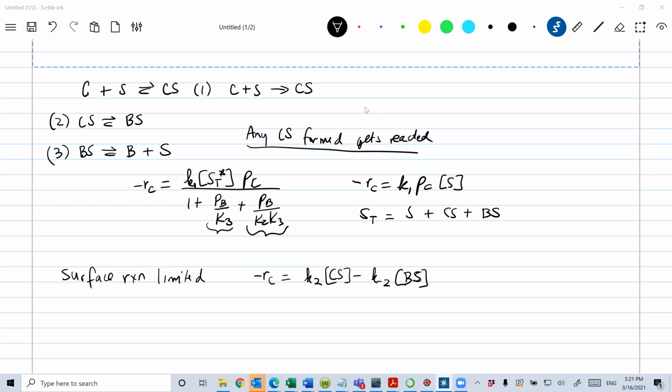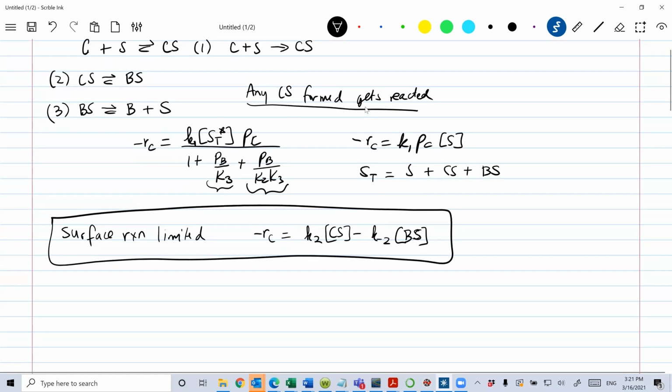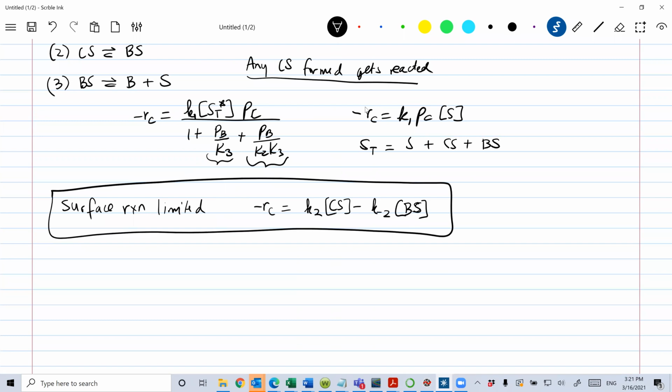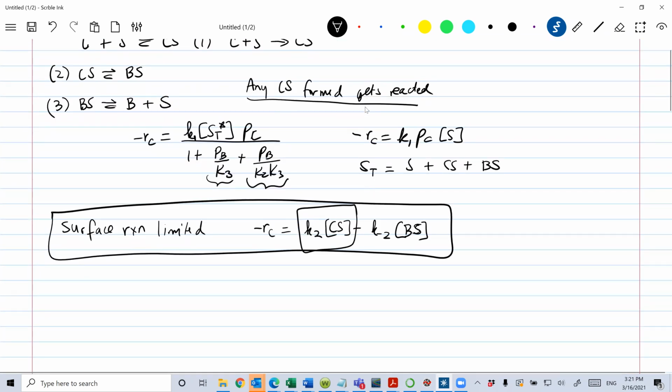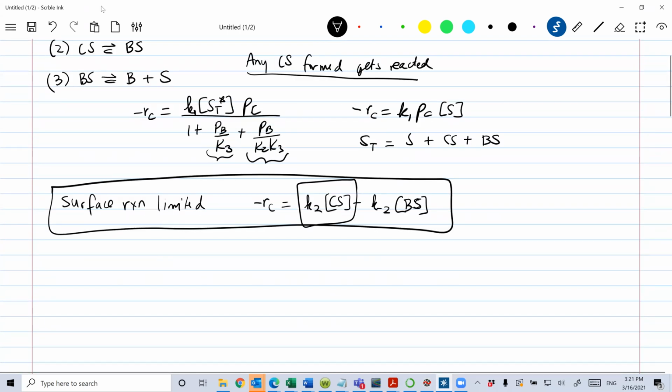So I think some of you asked something where the pressure of C is limiting. That would be, for example, something like this. If the surface reaction is limiting, you will actually see C in the denominator. You will see that even if you only solve for this, because let's say we were to say the surface reaction is irreversible. Let's say you had this.